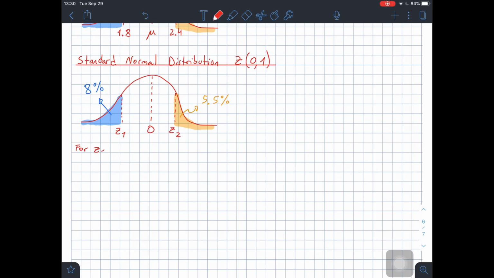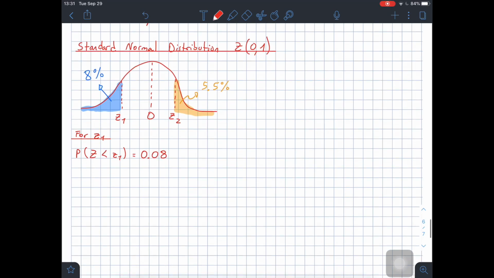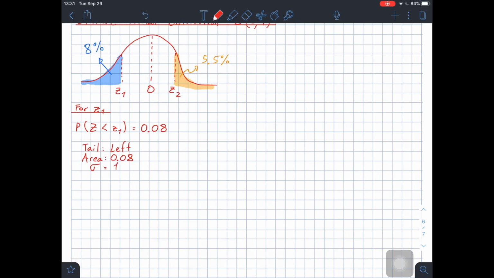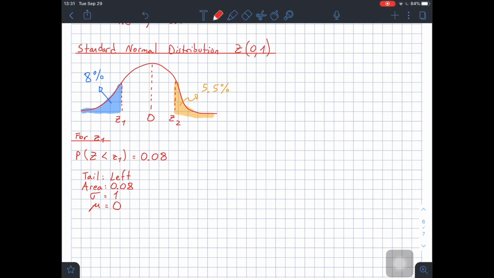Okay, so for Z1, we're going to say the following. For Z1, we know that the probability of Z being less than Z1 is equal to 0.08. So that's the value of our area. So in this case, the tail is left. The area would be 0.08. Then the standard deviation is equal to 1 and the mean is equal to 0 because we're talking about a standard normal curve distribution.